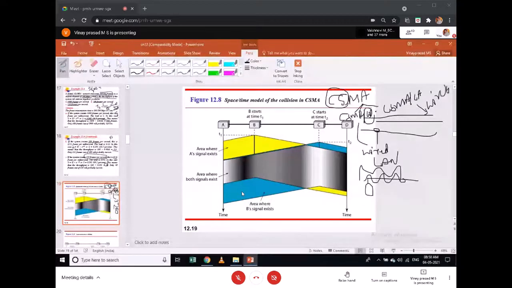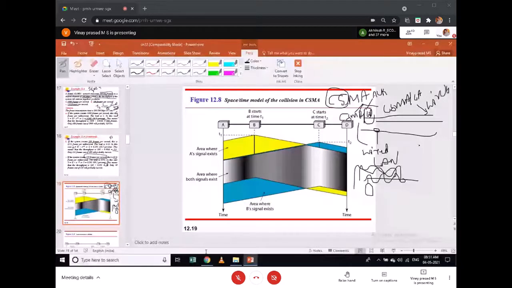As you send data, simultaneously it also listens for collision. If some collision signal comes back to that station, it will detect it and retransmit the data. In CSMA/CD, there is no acknowledgement mechanism. Each station has the feature that as it sends the data, it simultaneously listens for collision.